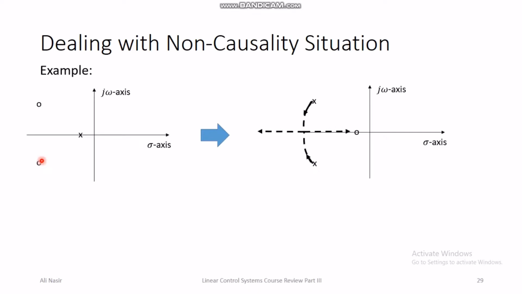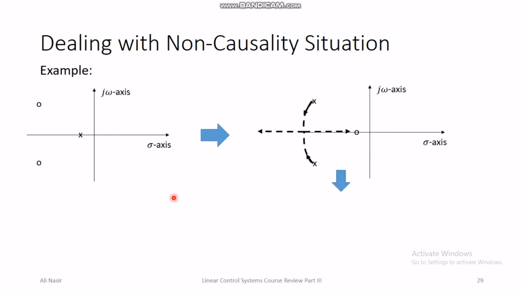It turns out that the numerator has higher degree: the numerator is second order and the denominator is first order. So we flip the transfer function, making the numerator equal to the denominator and the denominator equal to the numerator, and then we construct the root locus in the usual way. For this system it is easy to construct the root locus using the 10 rules.